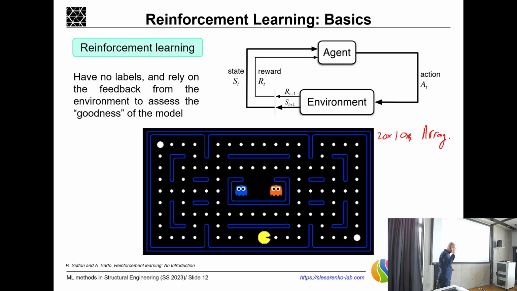Each of these arrays describes only one particular state, and every state can be described by such an array. In each position of the array, if there is food, we say 1. If there is Pac-Man, we say 2. If there is a ghost, we say 3 or 4, depending on the color. If there is a wall, we say 5. So you see, that would be enough to describe our game.